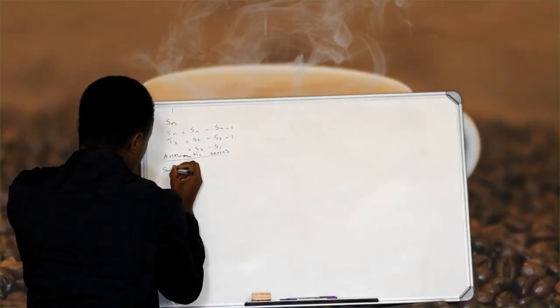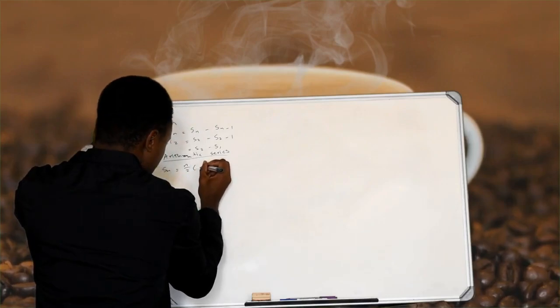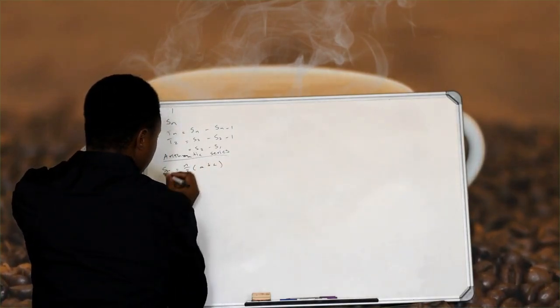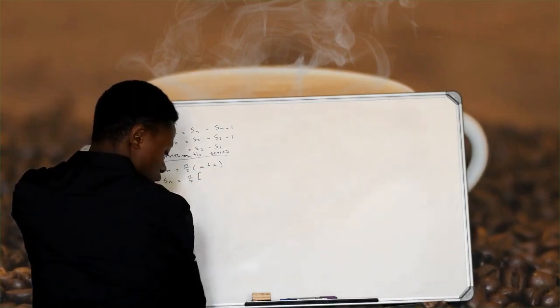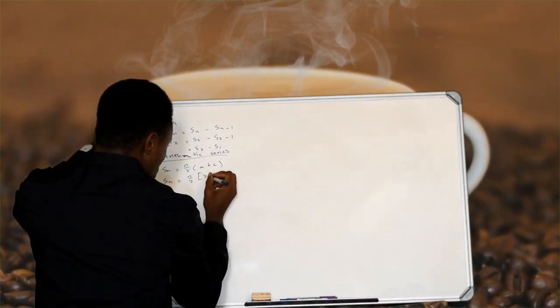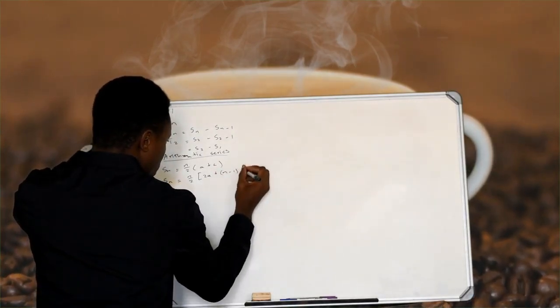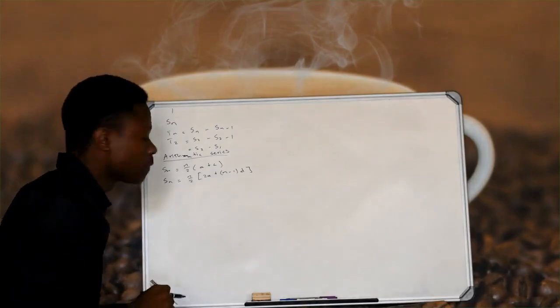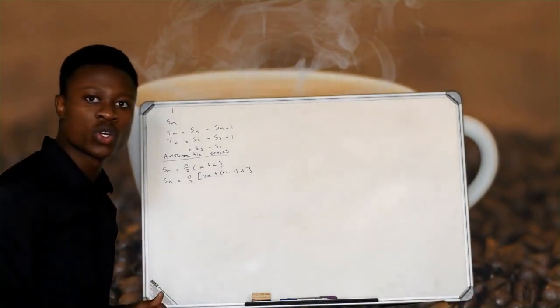Sn is equal to n over 2 times (a plus l), and the other equation is Sn is equal to n over 2 times (2a plus (n minus 1)d), right? If you look at this equation right here, it looks very similar to an equation you already know.